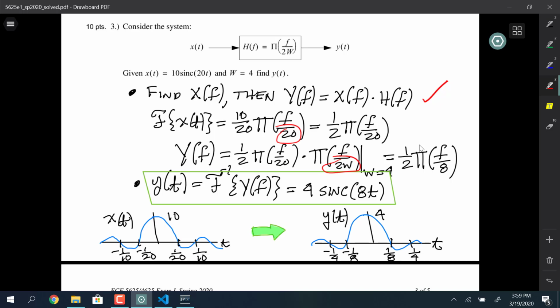So it's chopping off the spectrum and band limiting the signal. So it turns into a sinc that has a narrower bandwidth than you start with. So it goes from 20 down to 8 hertz, and I tried to show a picture of that at the bottom of the page. It's still a sinc function, but it's less compact. I mean, it's more spread out on the time axis because the bandwidth is narrower.